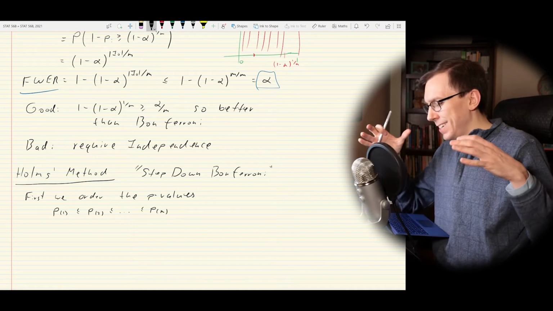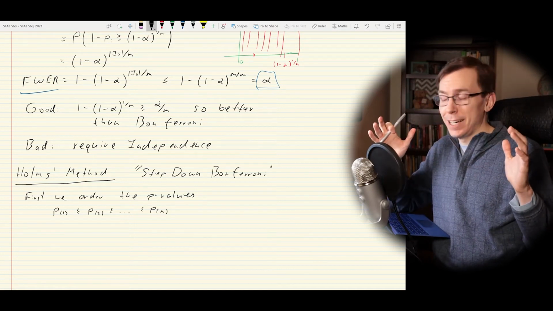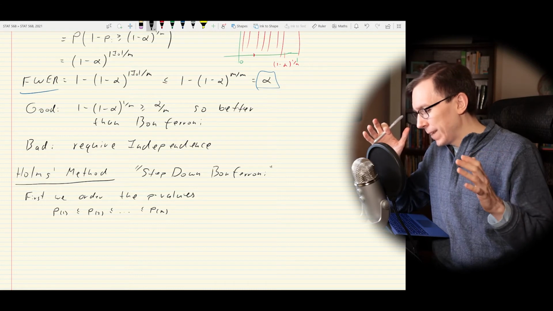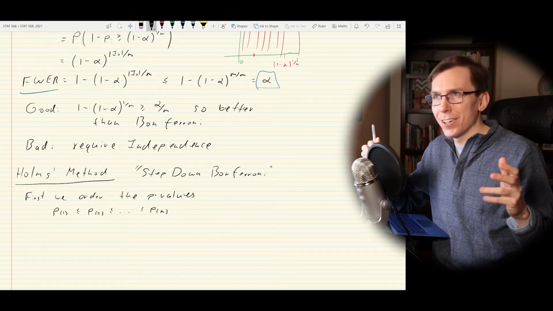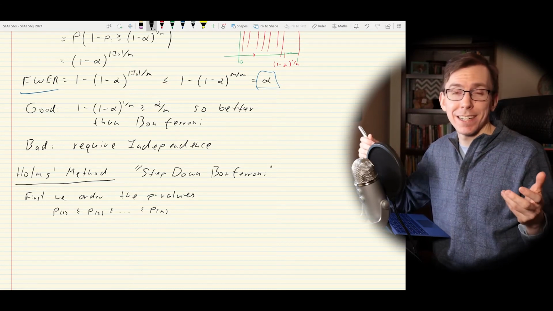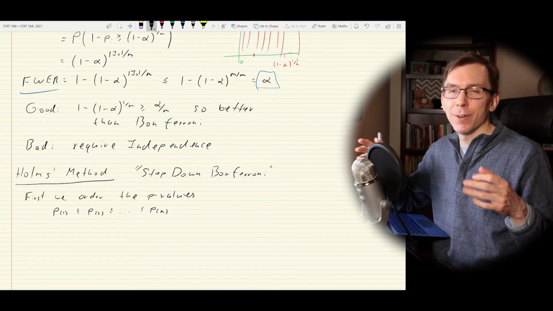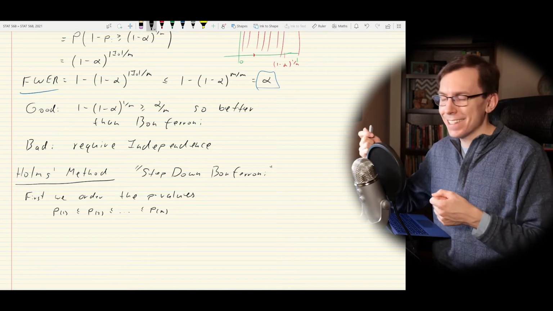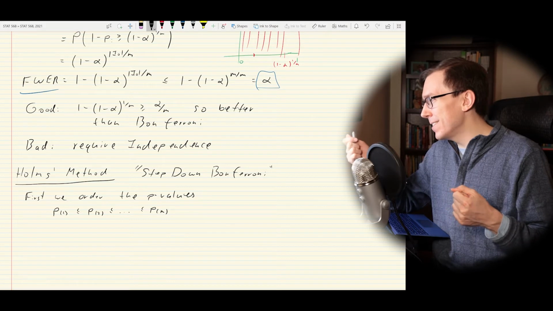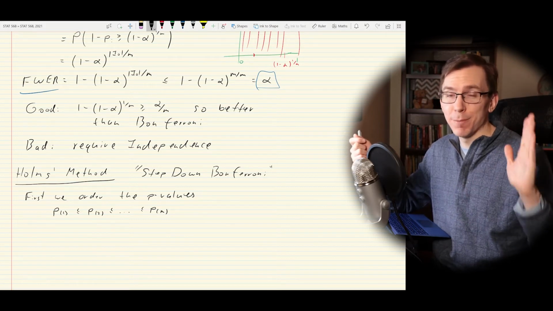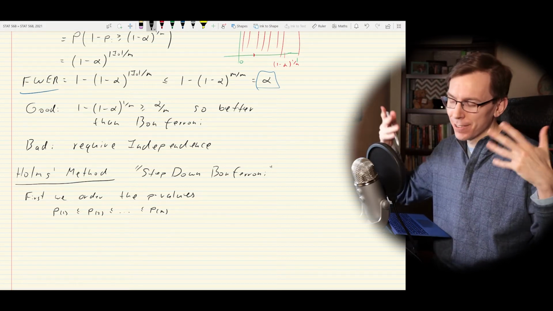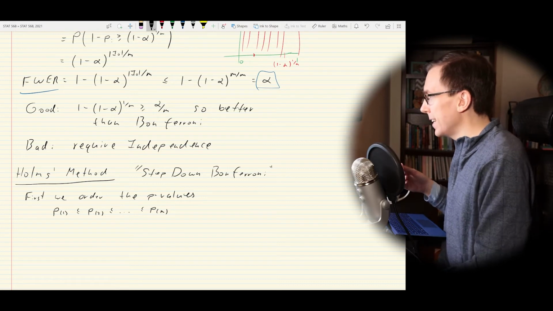Putting the index in parentheses is a standard notation in order statistics, where you're basically saying, I'm going to re-index my p-values so that 1 is now the smallest and m is the largest. So it's just a convenient way to do that.